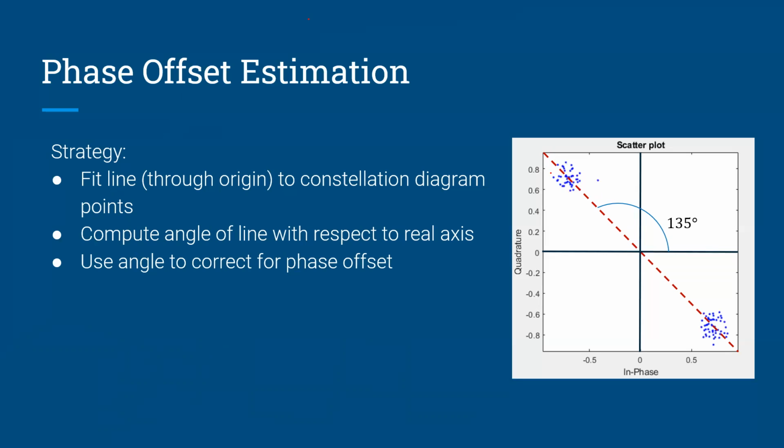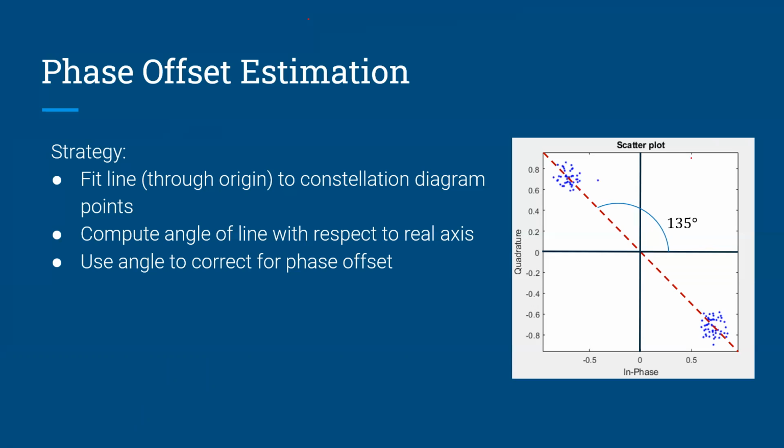You do a line of best fit that goes through the origin, kind of like a least squares thing. Then you find the angle of that line with respect to the real axis of the constellation diagram. If all goes well, you should get the phase offset, or at least a good estimate of the phase offset.